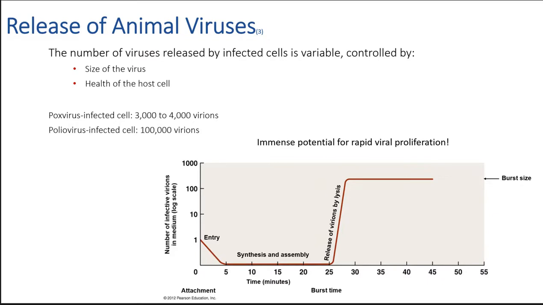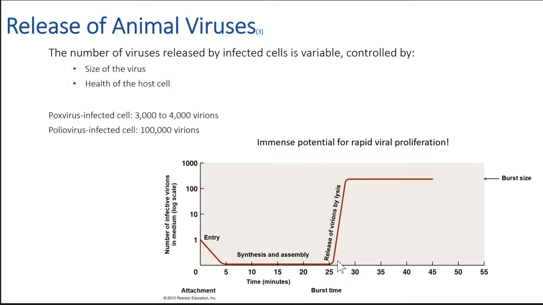Absorption happens, penetration happens. Now the number of infected virions in the environment has gone to 0 because it's inside the host cell. So it's not in the environment anymore, it's inside the host cell. Time is elapsing for synthesis and assembly, and again that varies depending on the virus, depending on some other factors. But eventually that host cell is going to be so damaged it can't make any more virions, and release is going to occur.